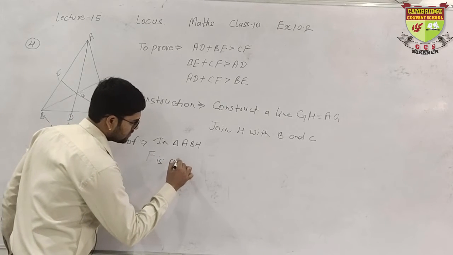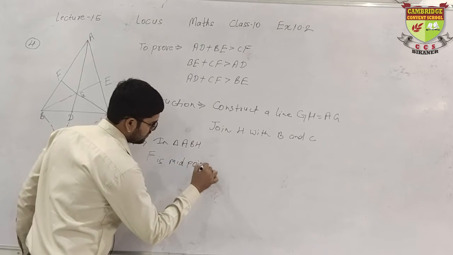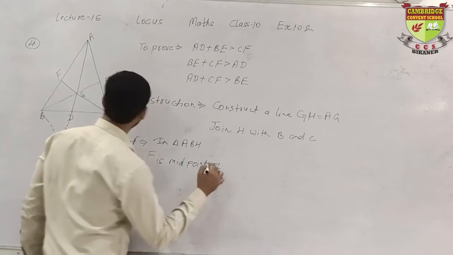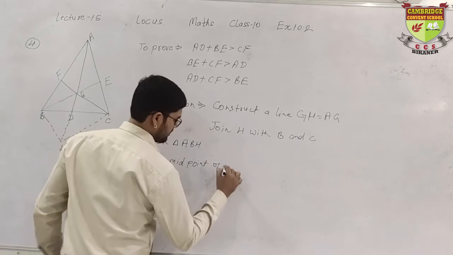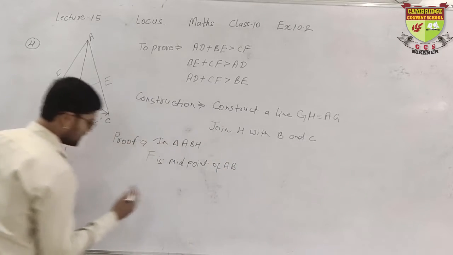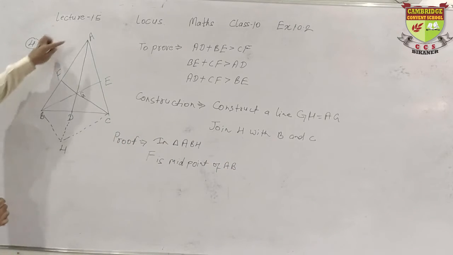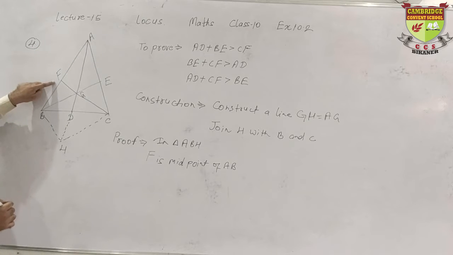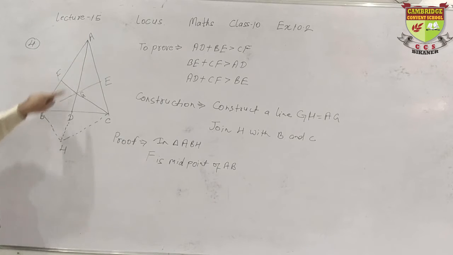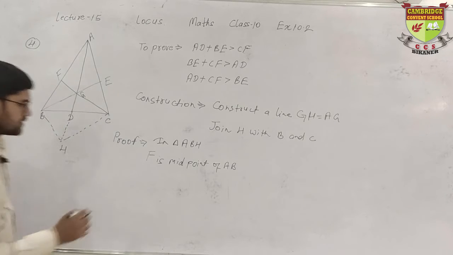F is the midpoint of AB. Similarly, F is the midpoint of AB and on the side AH, G is the midpoint.